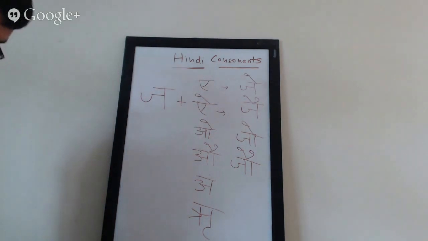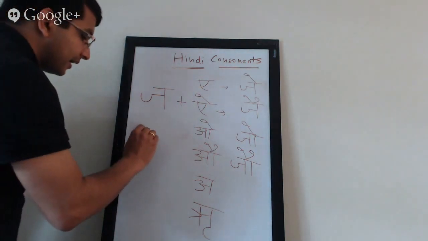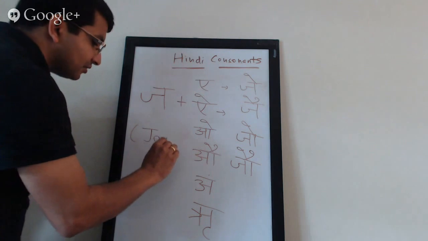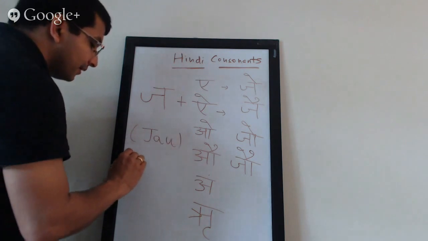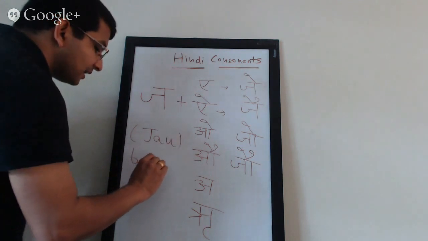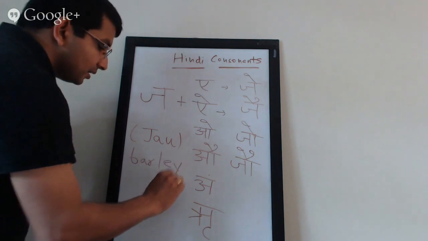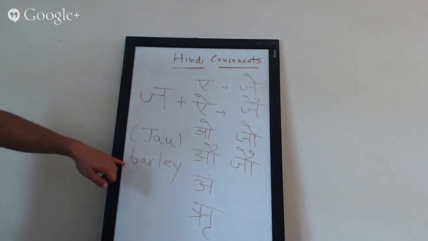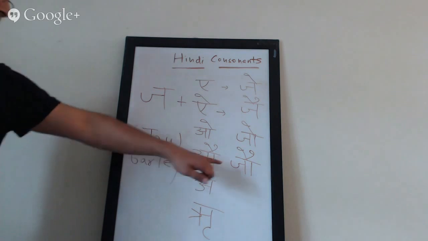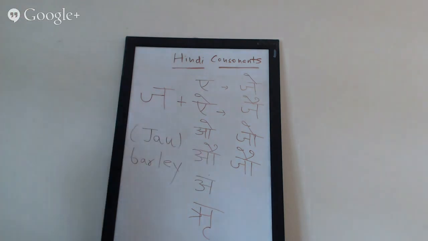And this itself is one of the words in Hindi. Think of it as Jao, and it's barley actually. The word for grain barley in Hindi is jau, right? Wheat is gehoon, rice is chawal.